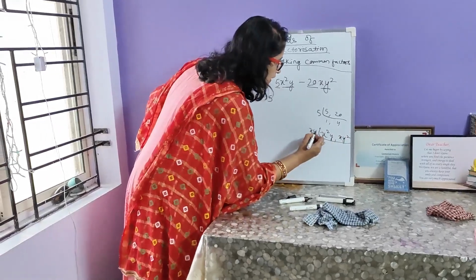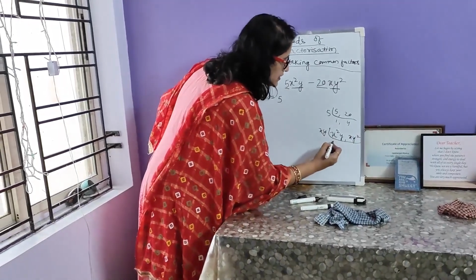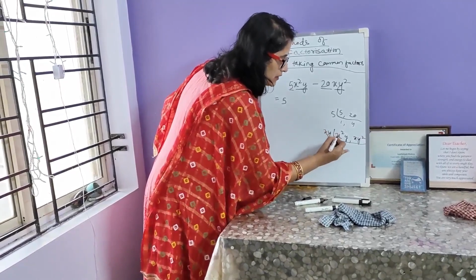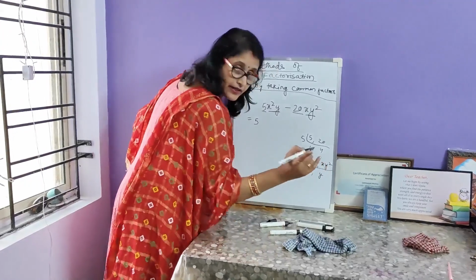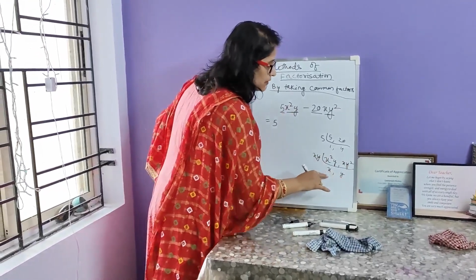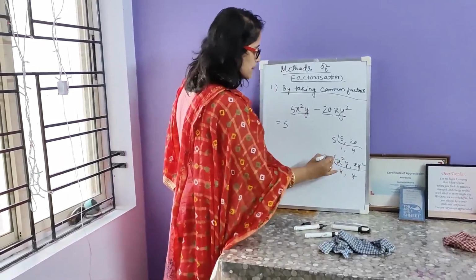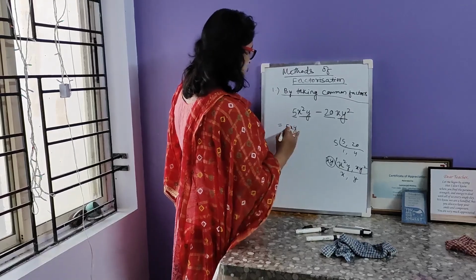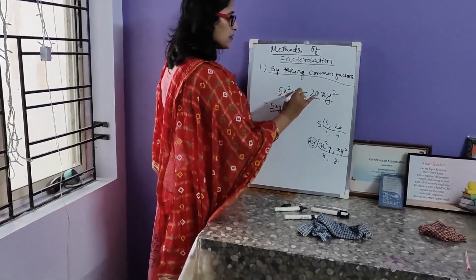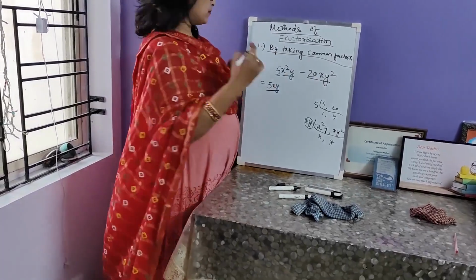So we will take xy. If we take xy common, we get only x and only y, so now there is no common factor between x and y. So the HCF is xy. So we have taken 5xy as the common factor of both terms.